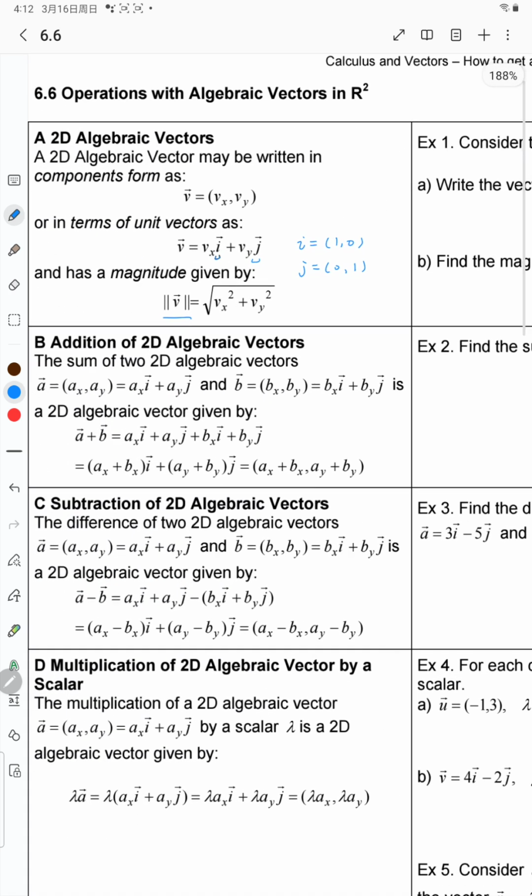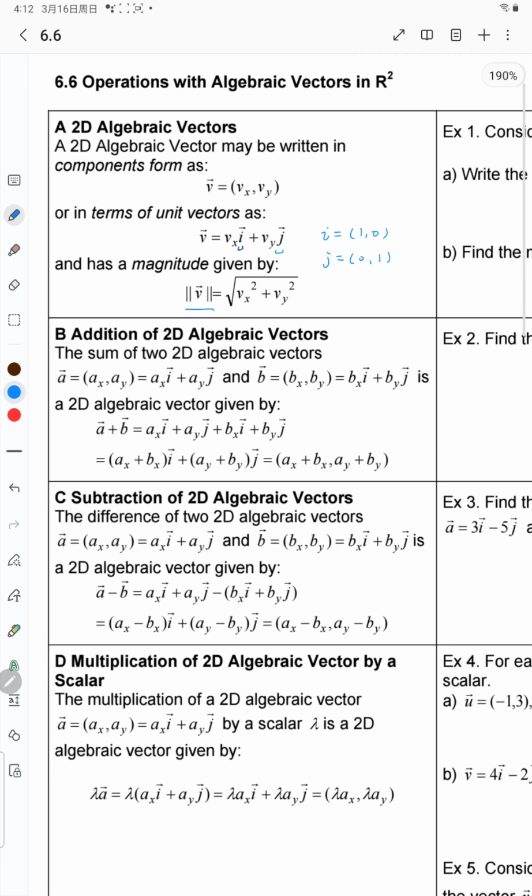And then for adding vectors, it is just the summation of the coordinates, coordinate-wise, right? So for the two x parameters, ax and bx, we add them up together, and for the two y parameters, ay and by, we also add them up together.